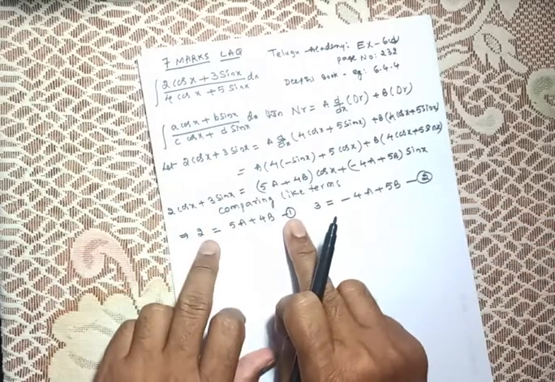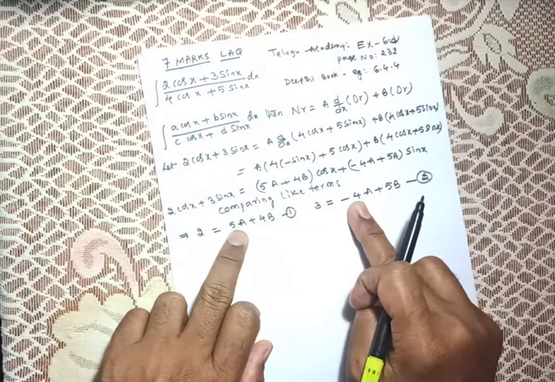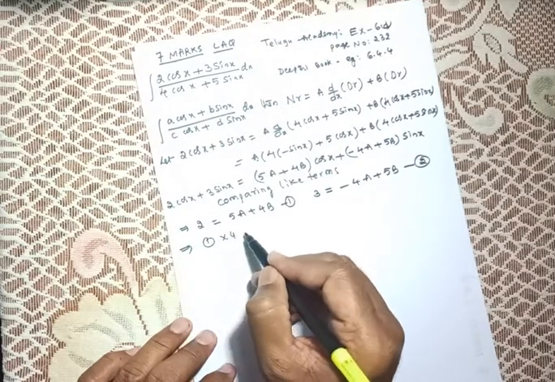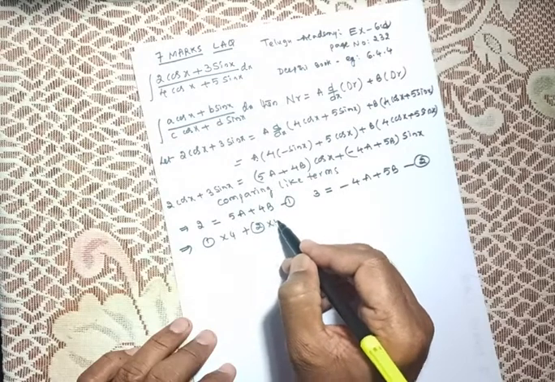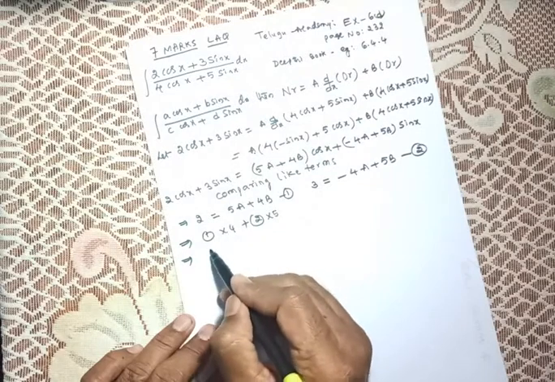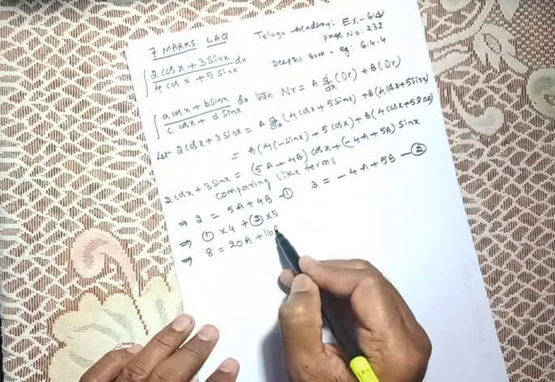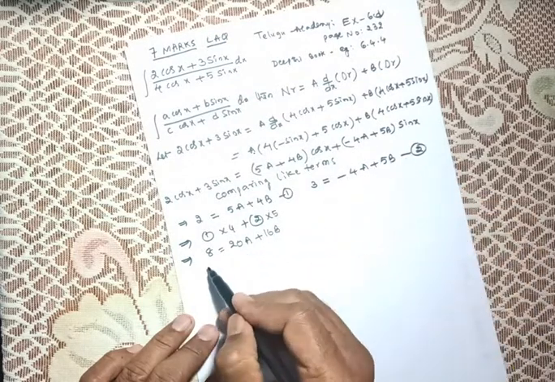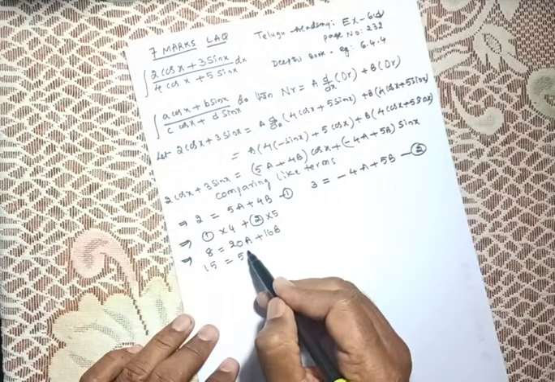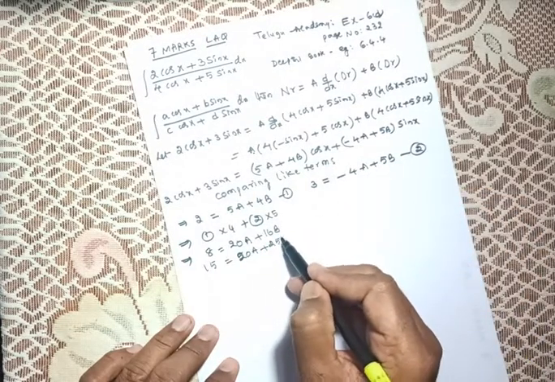If you multiply equation 1 by 4 and equation 2 by 5, then a will be cancelled. So solving equations 1 and 2, that is, 1 into 4 plus 2 into 5: equation 1 into 4 gives 8 = 20a + 16b, and equation 2 into 5 gives 15 = minus 20a + 25b.